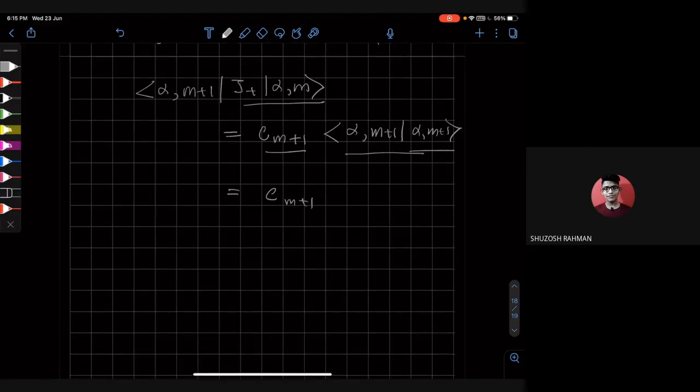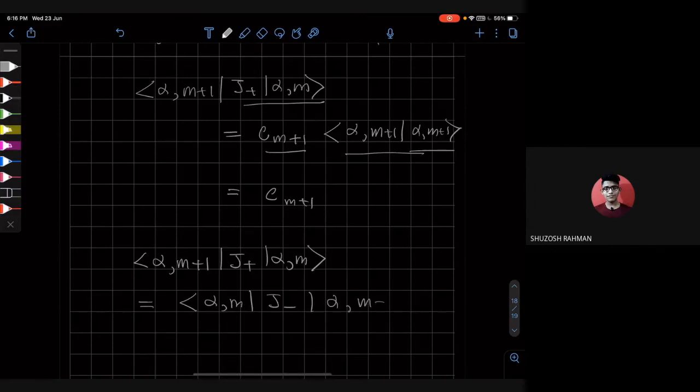But this same thing, I could have written as, the left-hand side, alpha m plus 1 j plus alpha m, written in a way that takes the complex conjugate of this thing. And because j plus dagger is j minus and vice versa, we see that we have a j minus here, right?